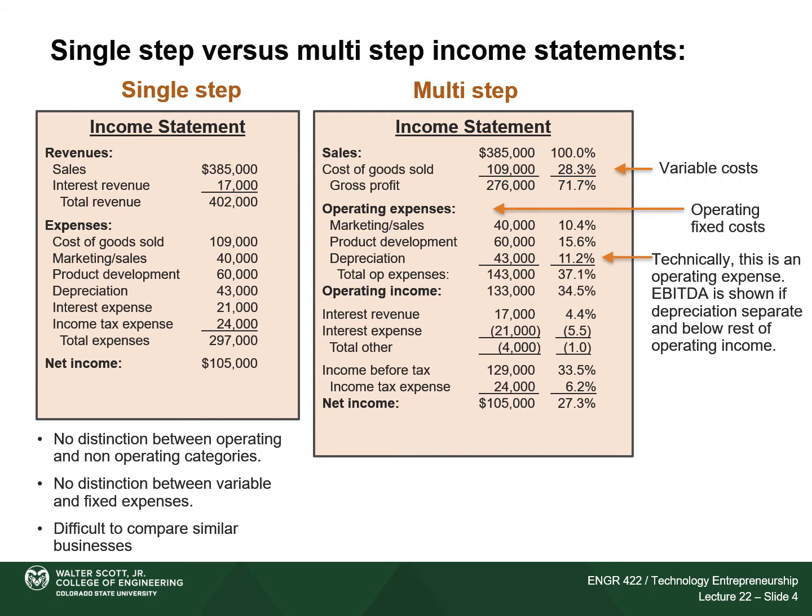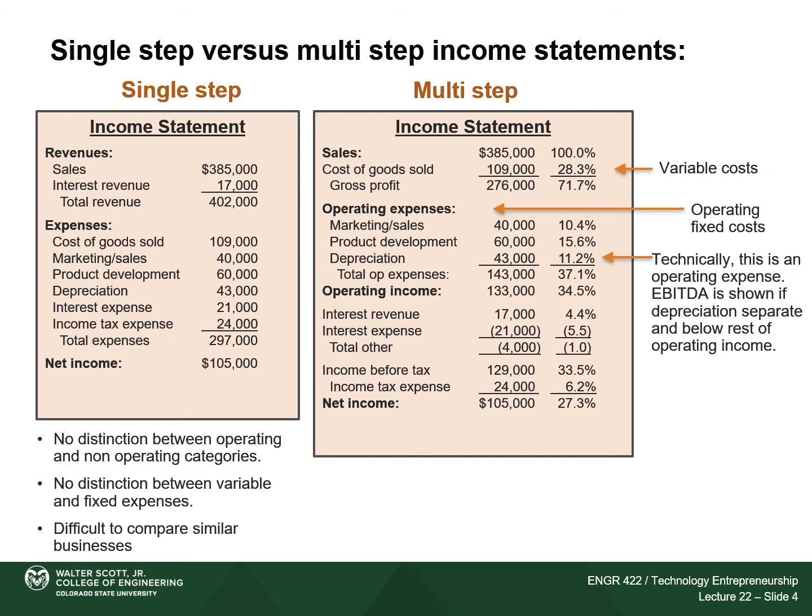There are other things that work that way that are not physical items, and those things also decrease in value by year, and that decrease in value is called amortization. So EBITDA stands for earnings before interest, taxes, depreciation, and amortization. If you don't include depreciation and do it later, your operating income will be EBITDA.